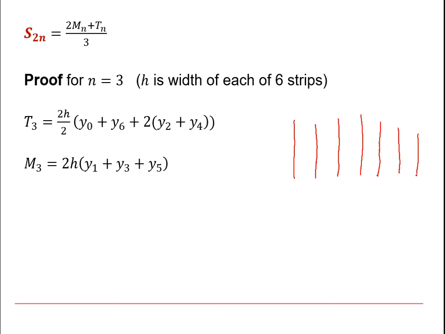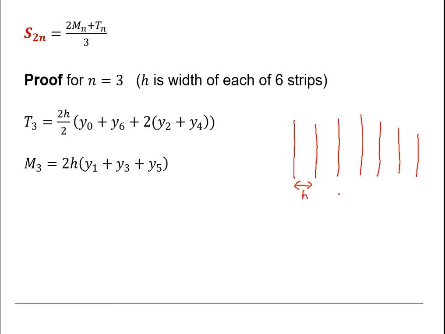So if we suppose that they're the strips in question, we're going to say that each strip has a width of h, and so that's the h that appears in these formulae.